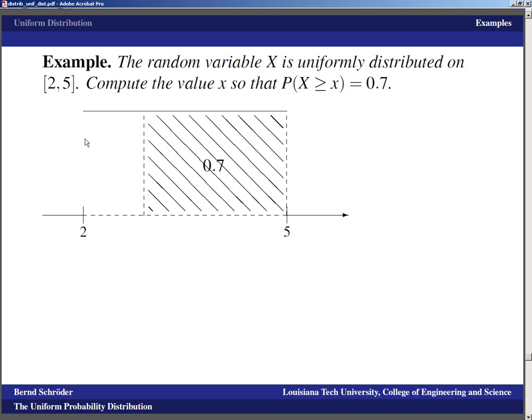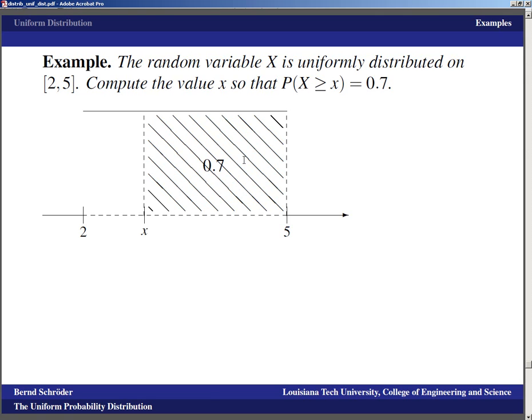Well, that means that this area here is 0.3, and so 1/3 times the step to the right from 2 has to be equal to 0.3, so 1/3 times delta equals 0.3, that ought to be 0.9, so this ought to be 2.9.